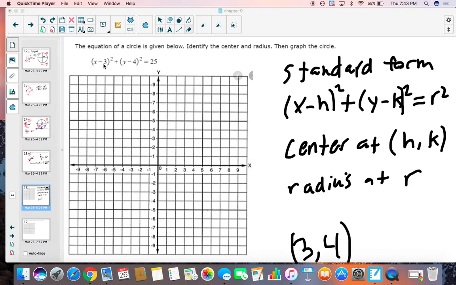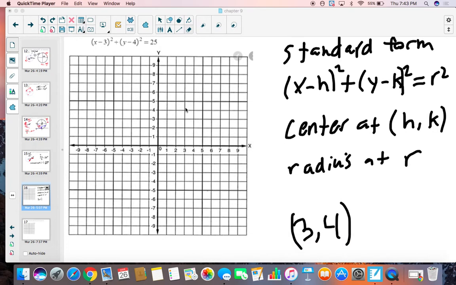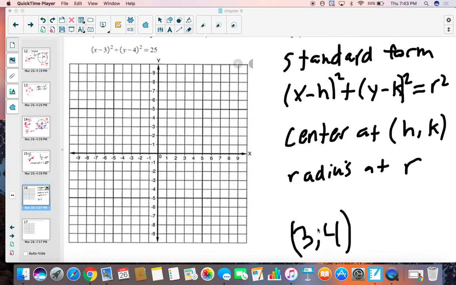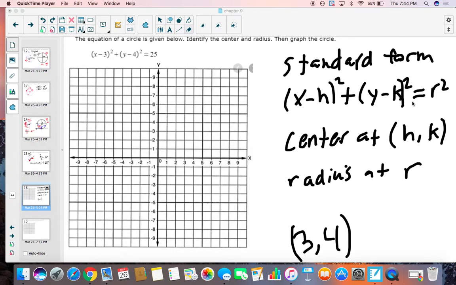If these were plus signs, if it was (x plus 3) squared plus (y plus 4) squared, then our center would be at (negative 3, negative 4). So let's switch that sign. And then the radius. Our equation says (x minus h) squared plus (y minus k) squared is equal to r squared, and we want to figure out r.